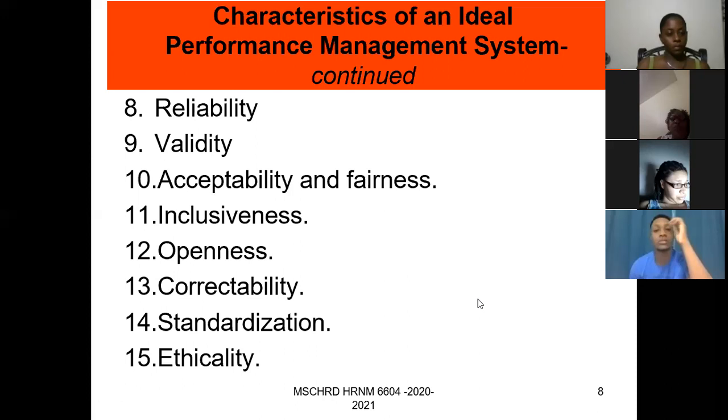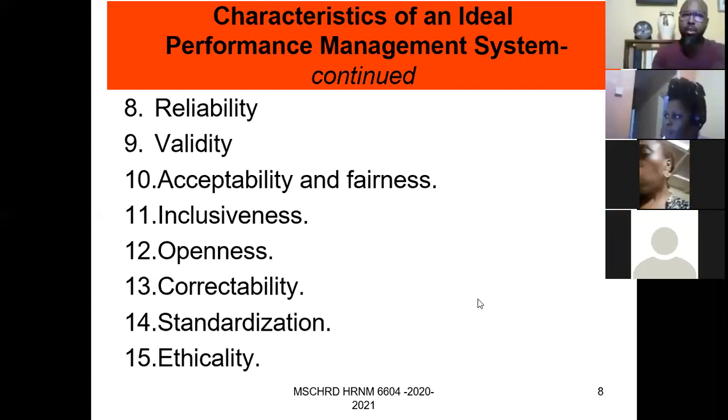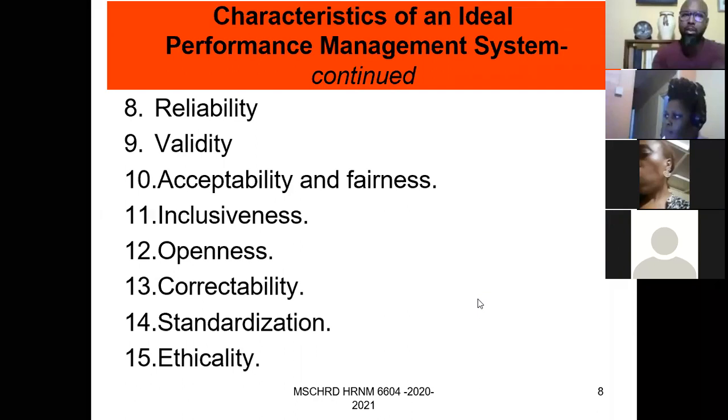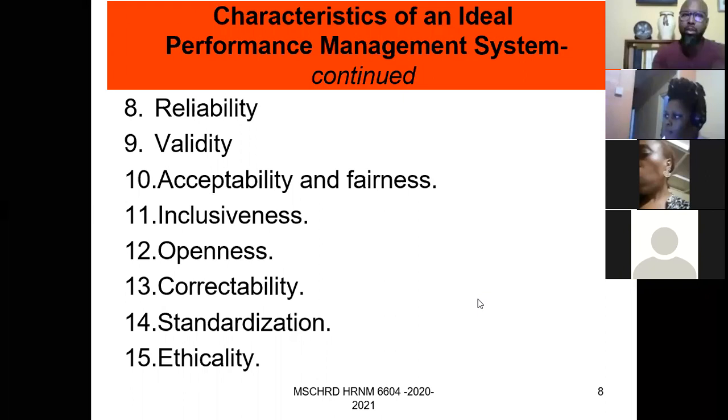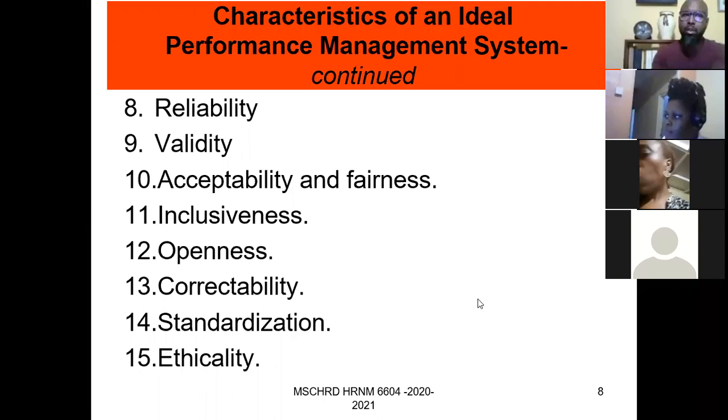What is going to be different is the deliverables, like you said, because everybody cannot have the same deliverables. But for each deliverable, there has to be a standard, meaning how is this to be done? To what quality? Each individual, based on their job description, is going to have their own unique set of objectives set for them, objectives that are in keeping with whatever the strategic directions are of the organization.